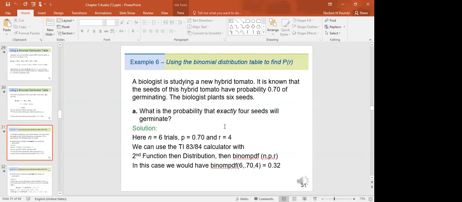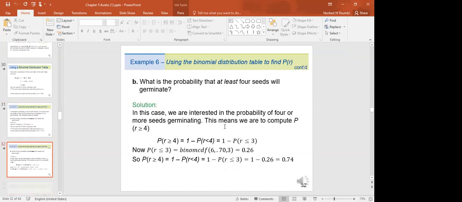Let's look at this example. A biologist is studying a new hybrid tomato. It is known that the seeds of this hybrid tomato have a probability of 0.7 of germinating. The biologist plants 6 seeds. What is the probability that exactly 4 seeds will germinate?